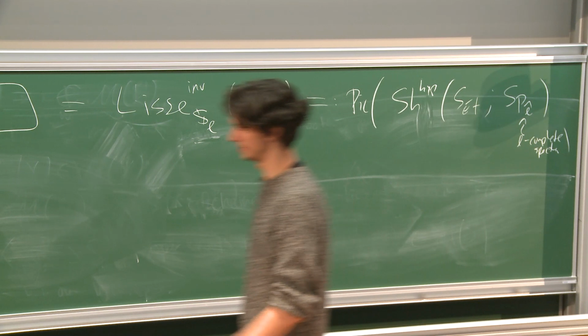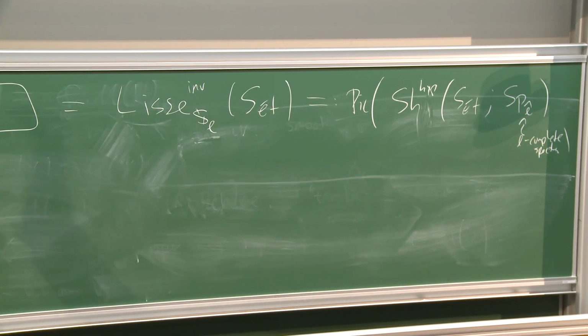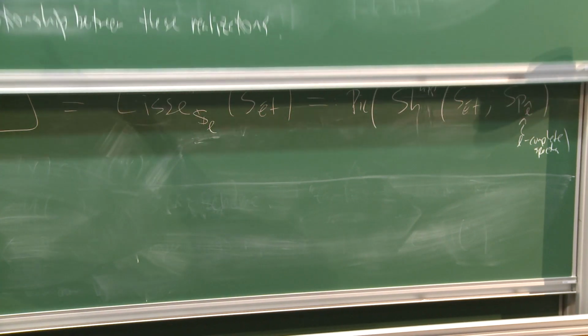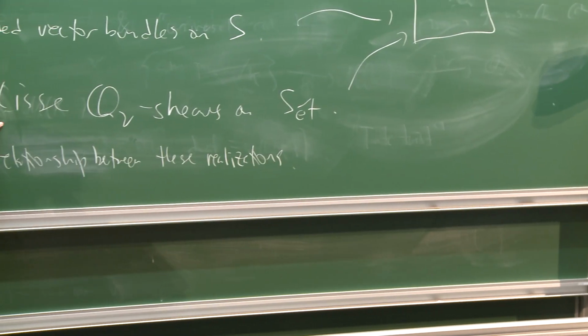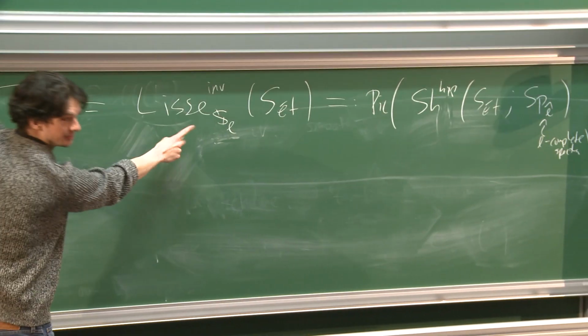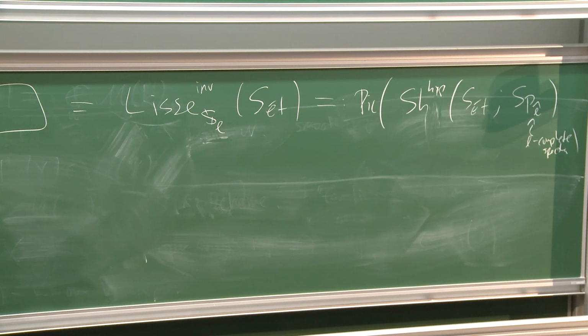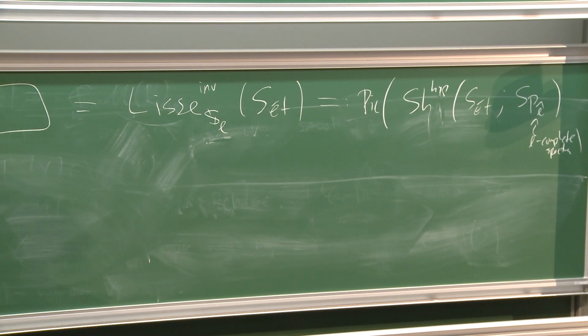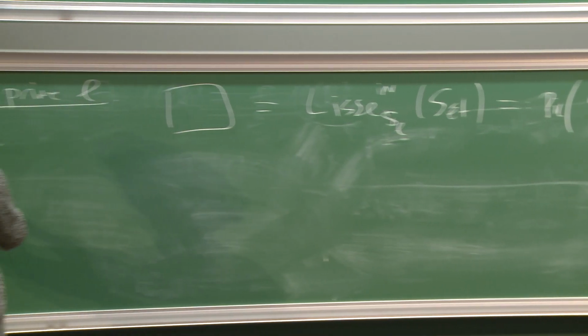Okay, so what am I saying? I'm saying from any of these kinds of objects here, you can get such an object here. So let me now explain that. So first case.